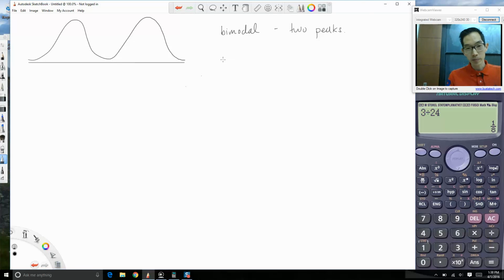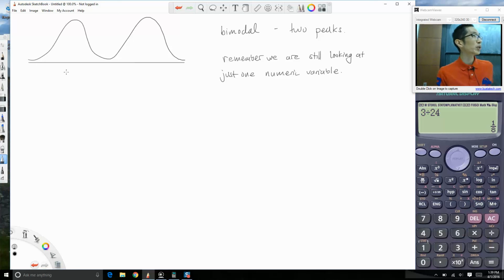So remember, we are still looking at just one numeric variable. And all this is saying is that even with this one numeric variable, certain values are quite common, other values are quite common, and other values other than that are less common, okay?